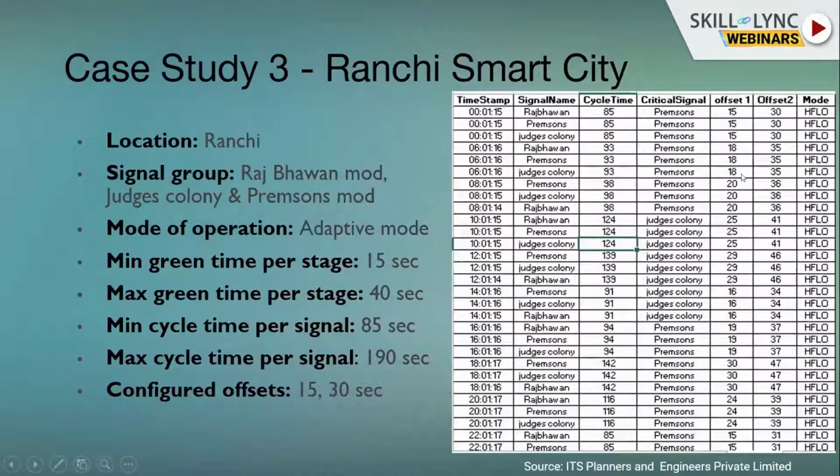The offsets are getting changed because the travel time is different in different time periods of the day. For example, during night it is different, during morning it is different. At 6 o'clock you have 30 seconds as an offset. At 12 o'clock in the morning, you have only 50 seconds of offset. So the offsets keep on changing. The synchronization also becomes adaptive when you run artificial intelligence based algorithms.